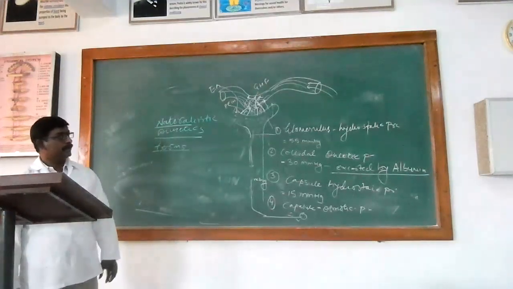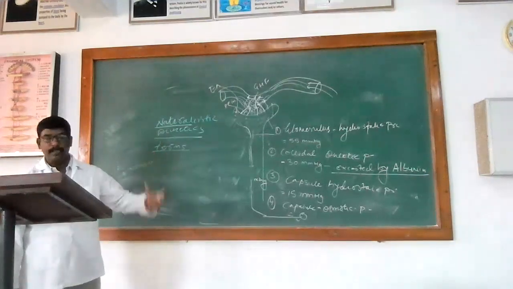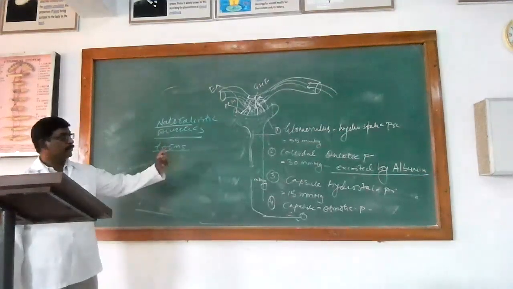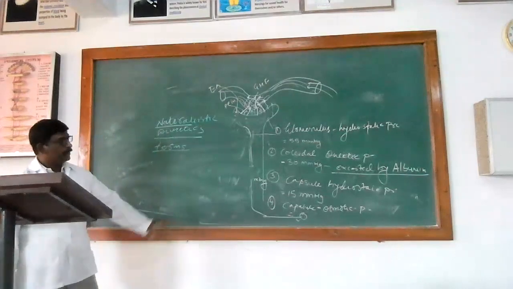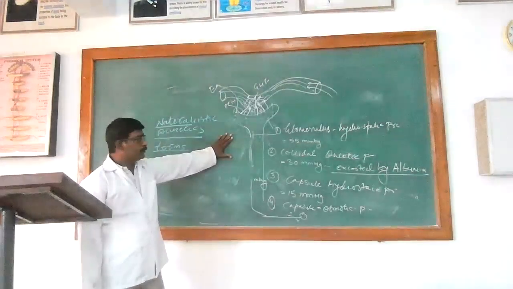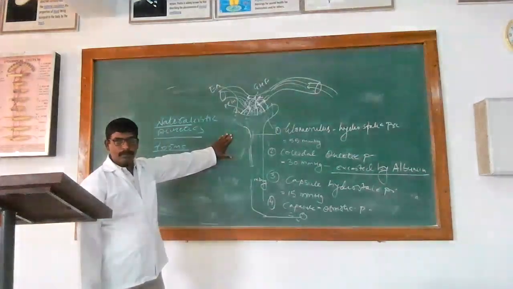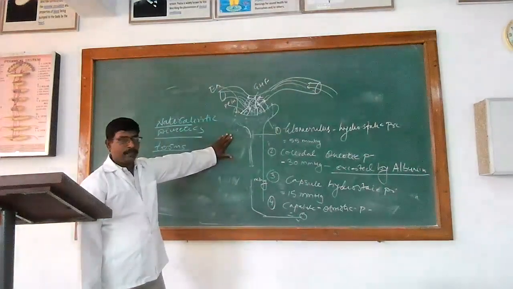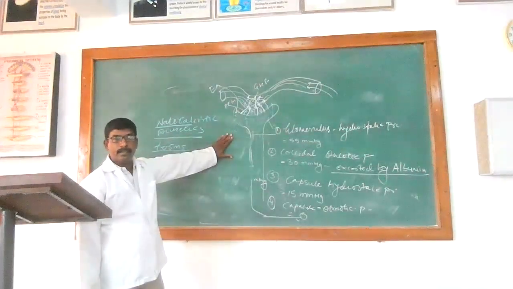Near about 20% is getting filtered into the Bowman's capsule. From this we have studied that most of the sodium ions are reabsorbed at the proximal tubules, and most of the amino acids, glucose, and chloride are reabsorbed, near about 99 to 100%.